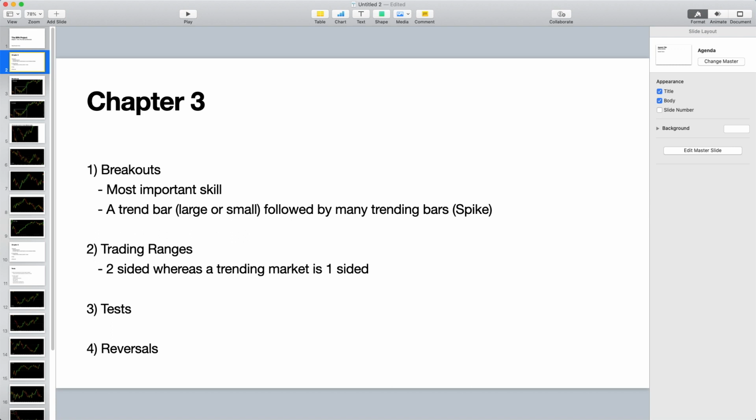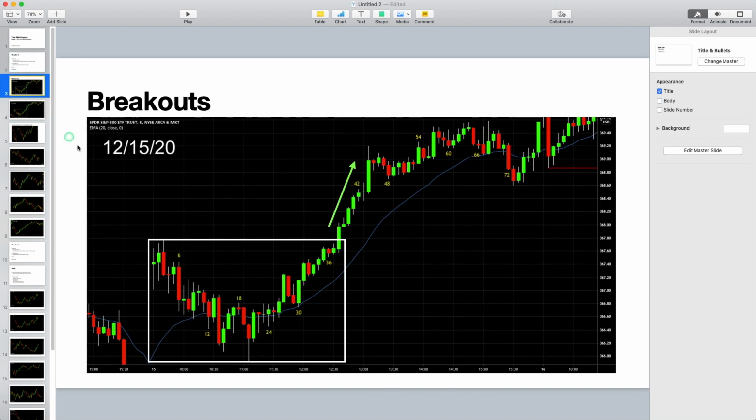In general, a breakout is a trend bar. It can be large or small, but it's a trend bar outside of some structure, and it's followed by many trending bars in that direction, so it forms a spike. Here we have a swing down, a swing up, but as soon as we get up to the high of day, the bar 3 high, we get a large trend bar on 38, followed by a follow-through bar.